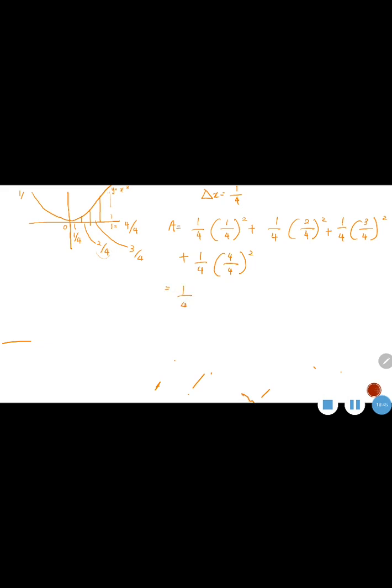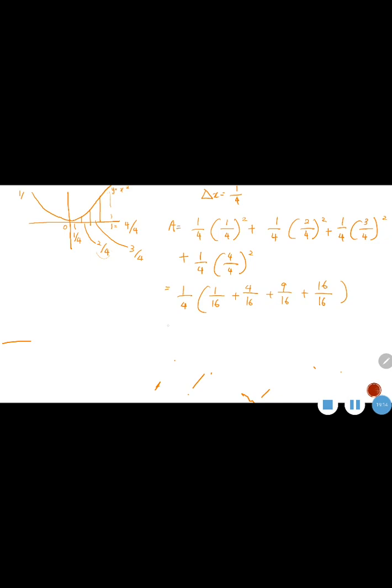So this can be rewritten like this: 1 over 16 plus 4 over 16 plus 9 over 16 plus 16 over 16.